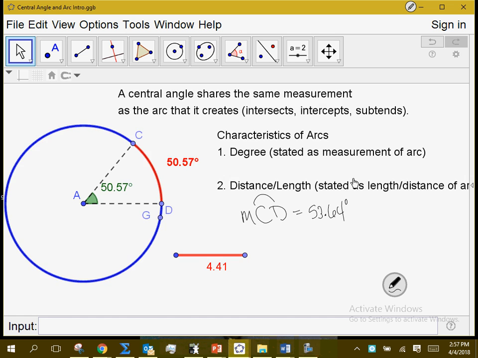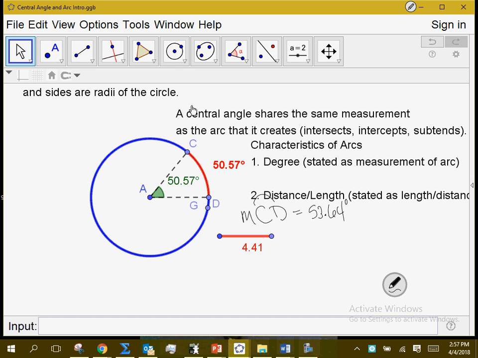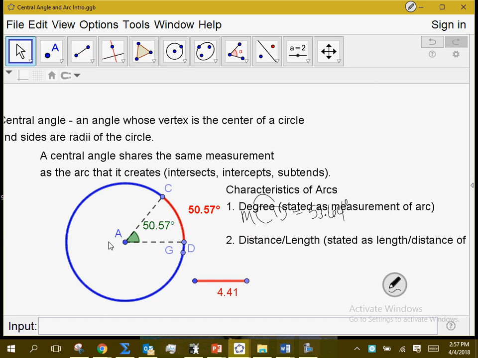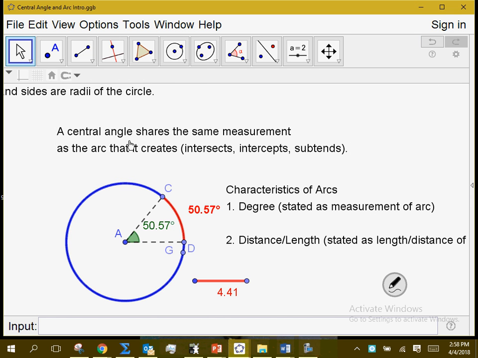A central angle shares the same measurement as the arc that it creates, okay?